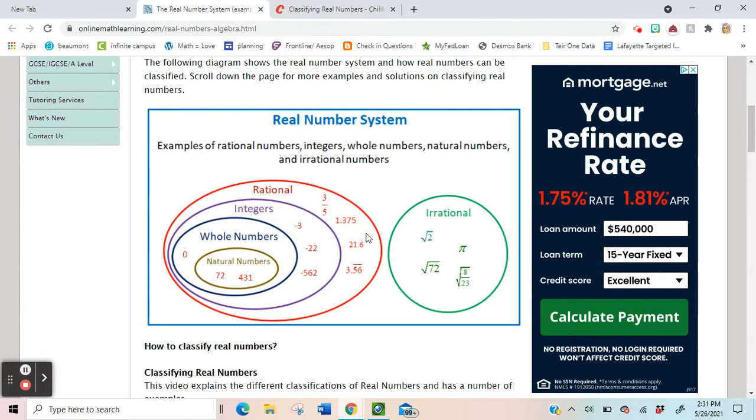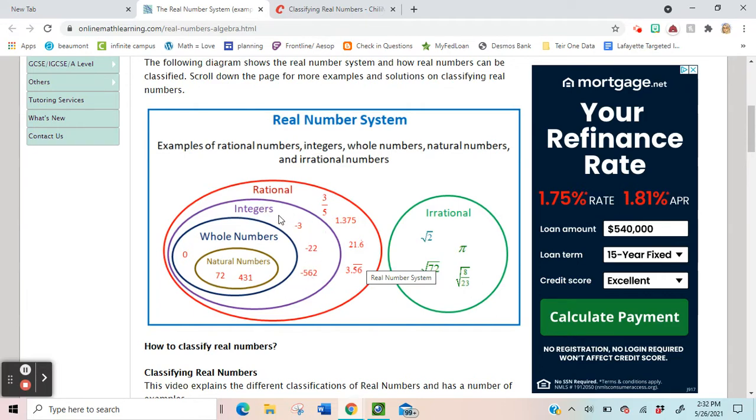So rational numbers are things that can be written as a fraction or a decimal that is either repeating or it terminates. So it doesn't go on forever. And then our integers is like every number in the world.